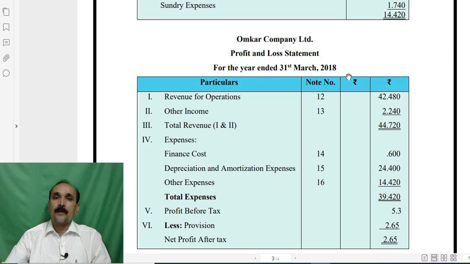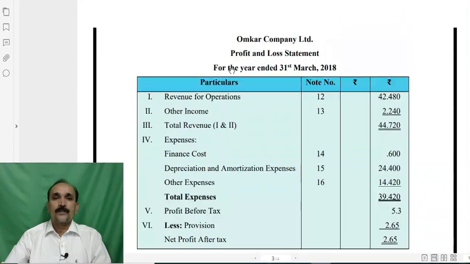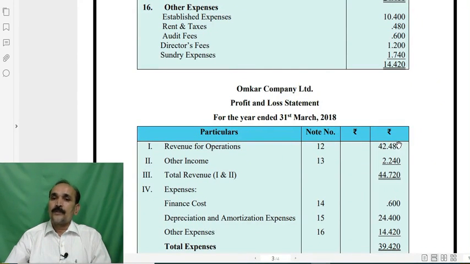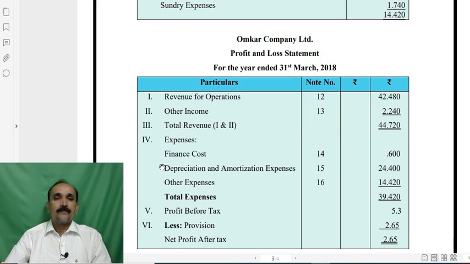Now we are going to prepare, in the books of Omkar Company Limited, the profit and loss account for the year ended 31st March 2018. Particulars, note number, rupees. First, revenue from operations, note 12, 42,480. Second, other income, note 13, 2,240. Third, total revenue, 1 plus 2, is equal to 44,700. Fourth, expenses. Finance cost, note 14, 600. Depreciation and amortization expenses, note 15, 24,400.